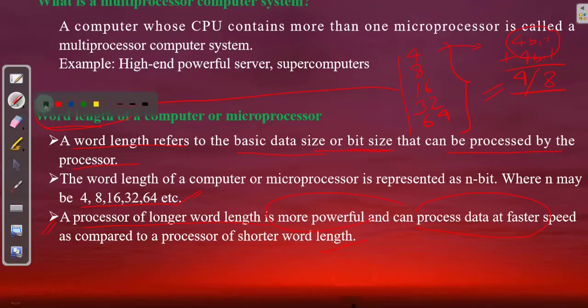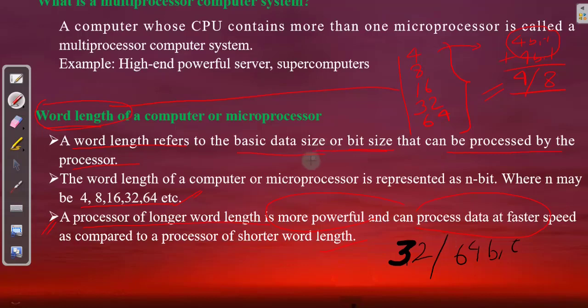Suppose you are comparing a 32-bit processor and a 64-bit processor, and I am sure before buying a laptop you might be thinking about which to buy, a 32-bit processor laptop or a 64-bit processor laptop. Intuitively you might think that you should buy the 64-bit processor laptop, just because you feel that it will process at a higher speed, and you are actually correct.